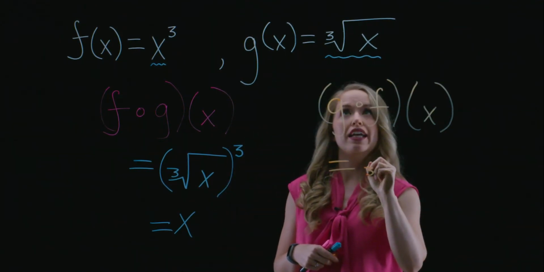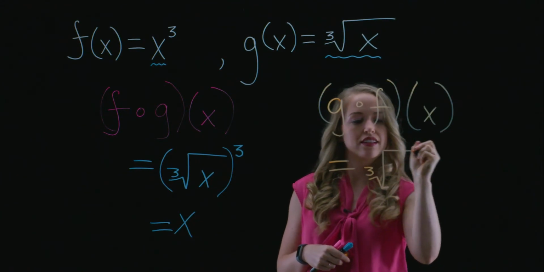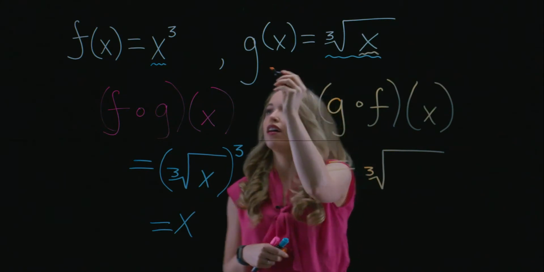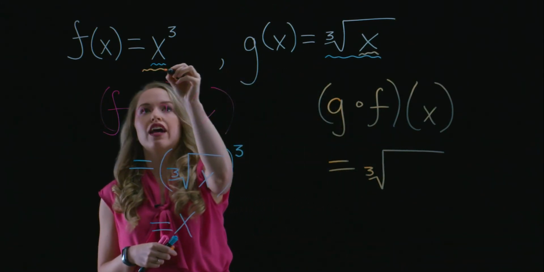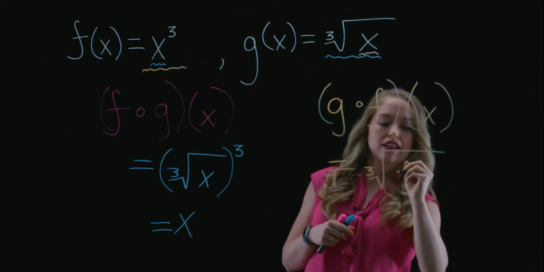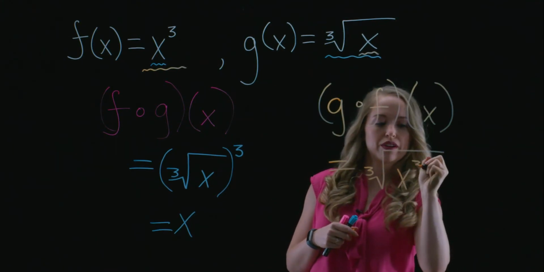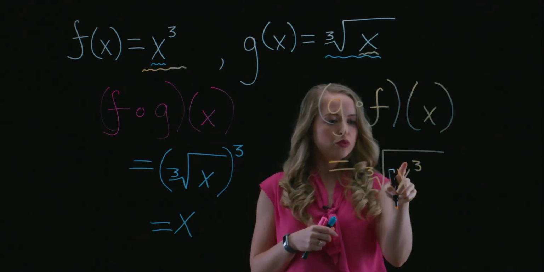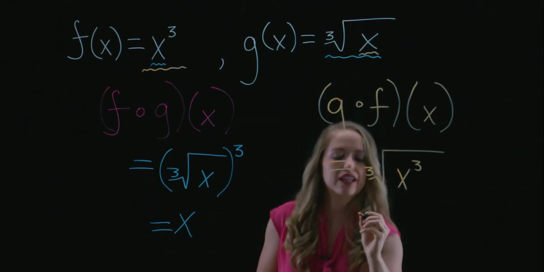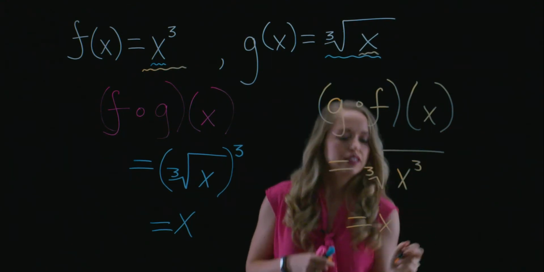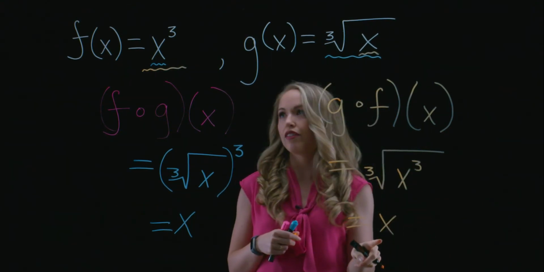But every time I get to an x in that function, instead of writing the x, I have to plug in my entire f of x function. So at this point, I'll plug in x to the third power. And now I have to simplify. What is the cubed root of x to the third power? Again, those operations in this circumstance cancel out as well, leaving me with x by itself.